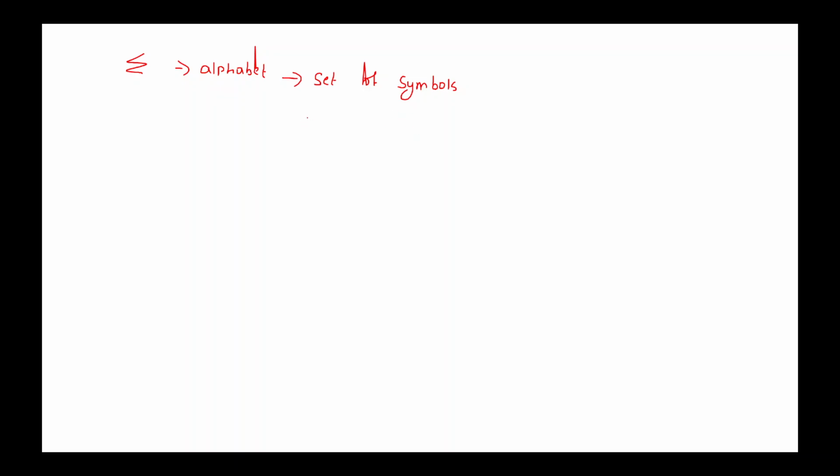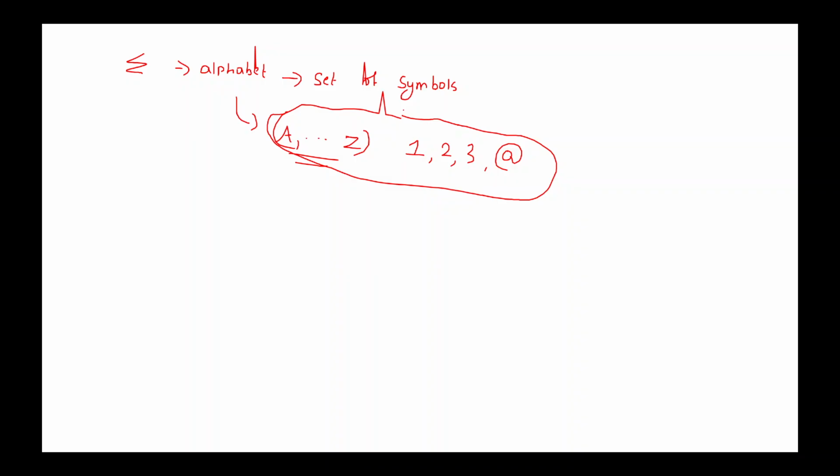An alphabet doesn't just mean A to Z. Anything like 1, 2, 3, at the rate, or anything, all these symbols are considered as alphabets. And the set which consists of these symbols is called an alphabet.